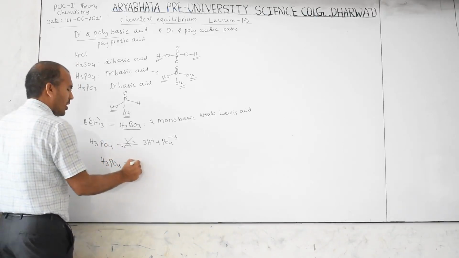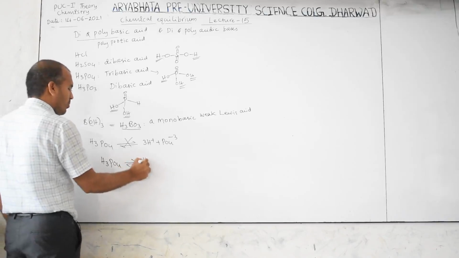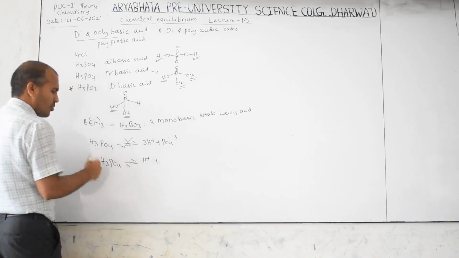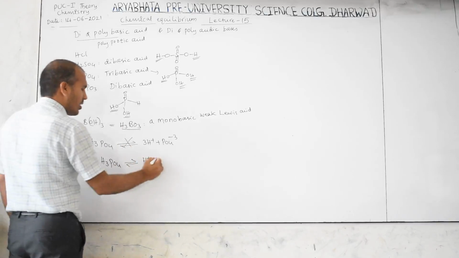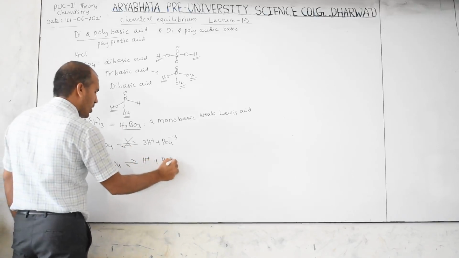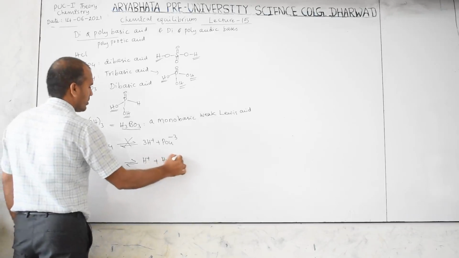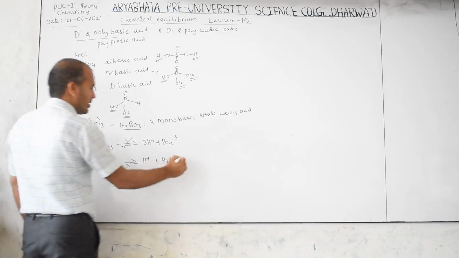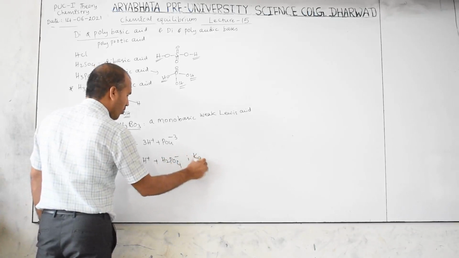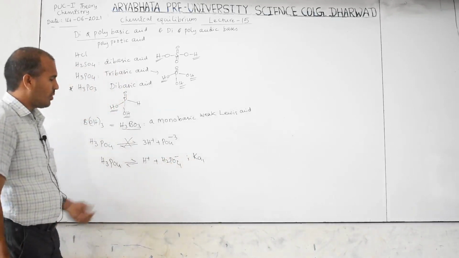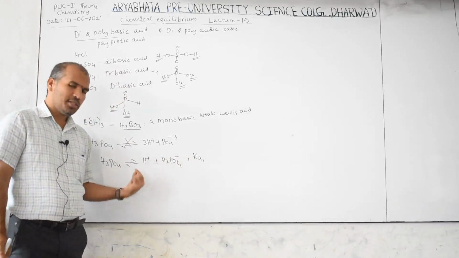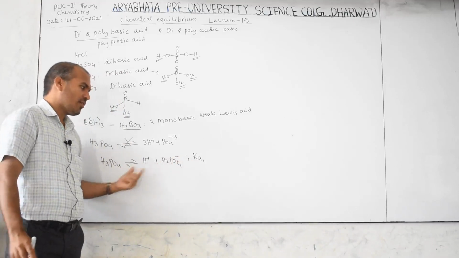Therefore the correct equation is: H3PO4 ionizes in the first step to H plus, and when one plus is released, one minus is obtained, that is H2PO4 minus. This is called Ka1, because this is the first time the acid dissociates.